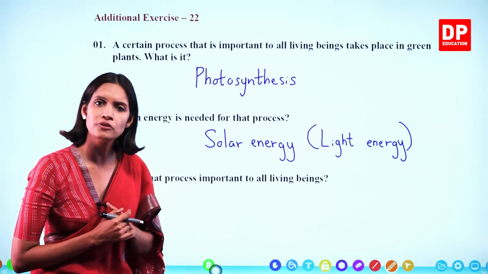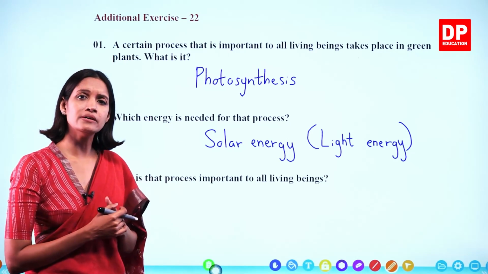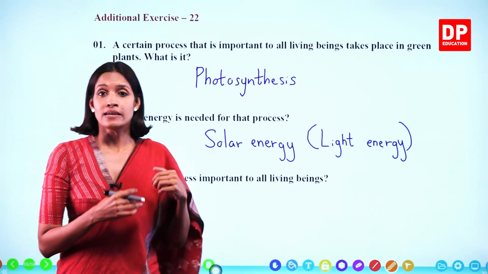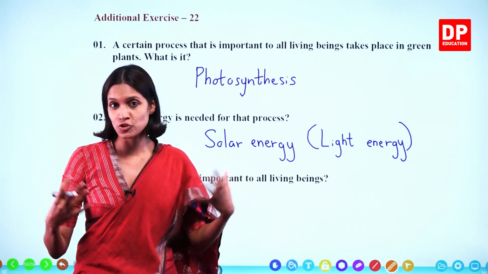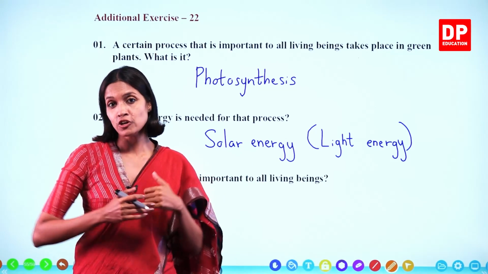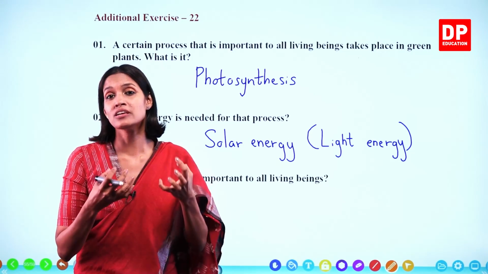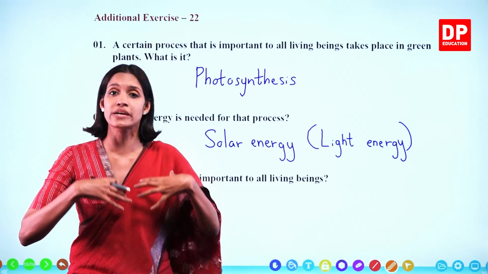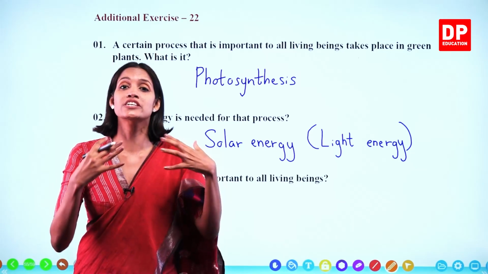What are the other important functions of photosynthesis? Do you remember in the first lesson we learned that during photosynthesis, as a byproduct, an extra product, oxygen gas is released to the environment? Oxygen is a very important gas because we use oxygen for respiration. All the living beings use oxygen for respiration.